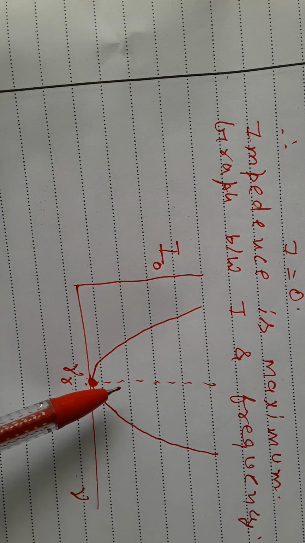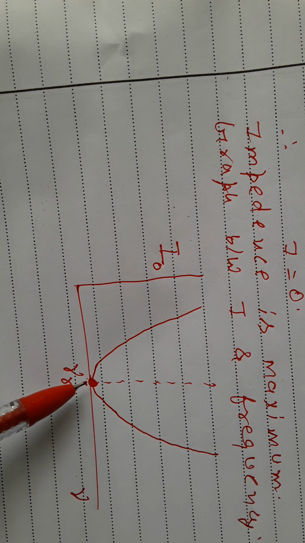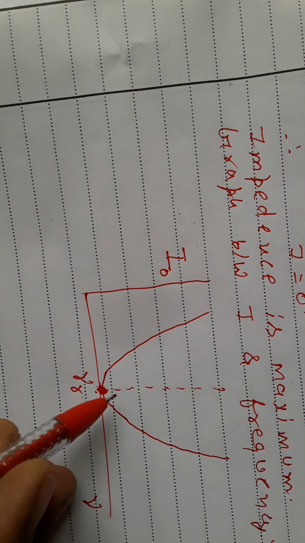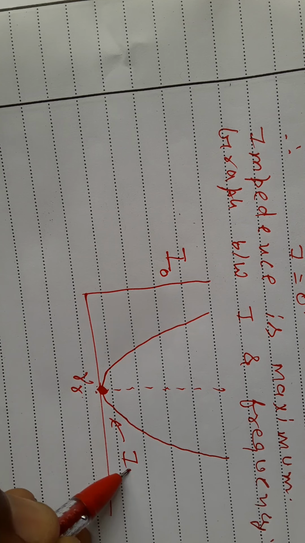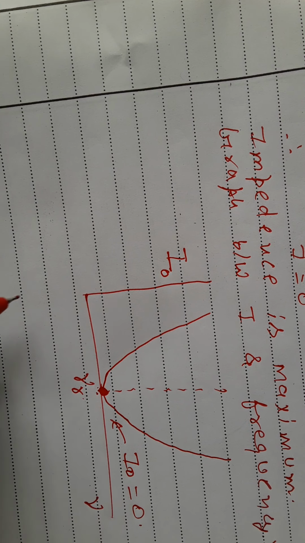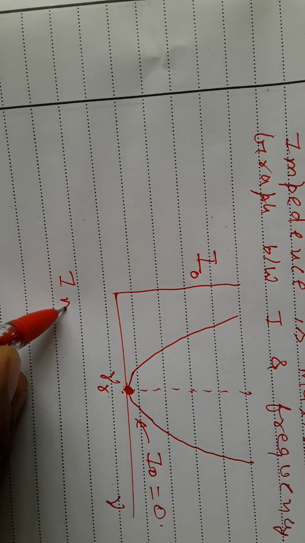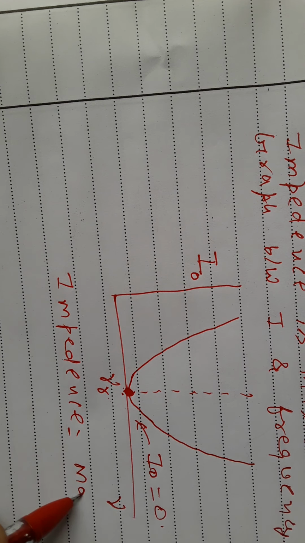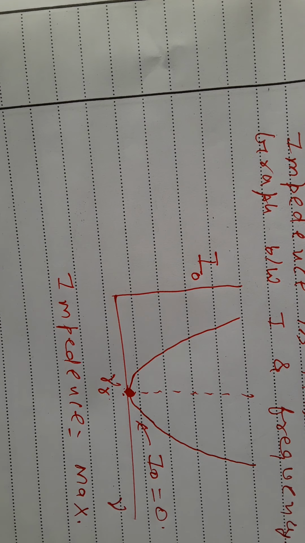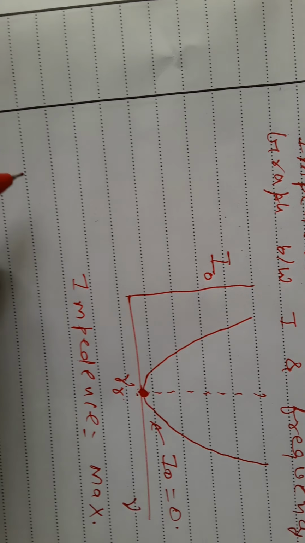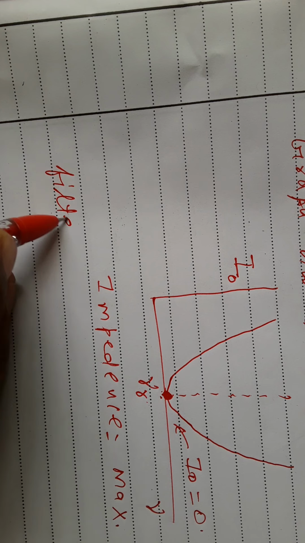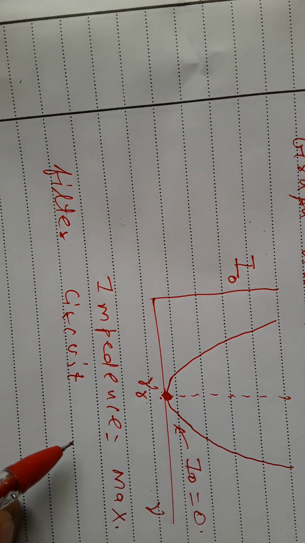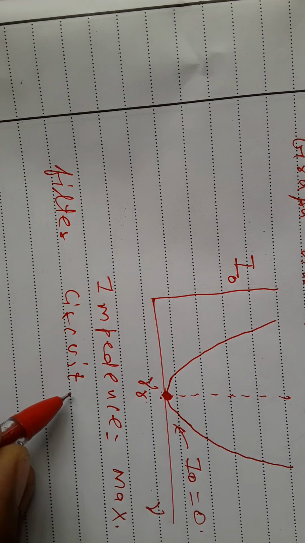In the parallel resonance circuit, at this particular frequency, the current is 0. At this point, current is 0 and impedance is maximum. So this parallel resonance circuit is known as a filter circuit.